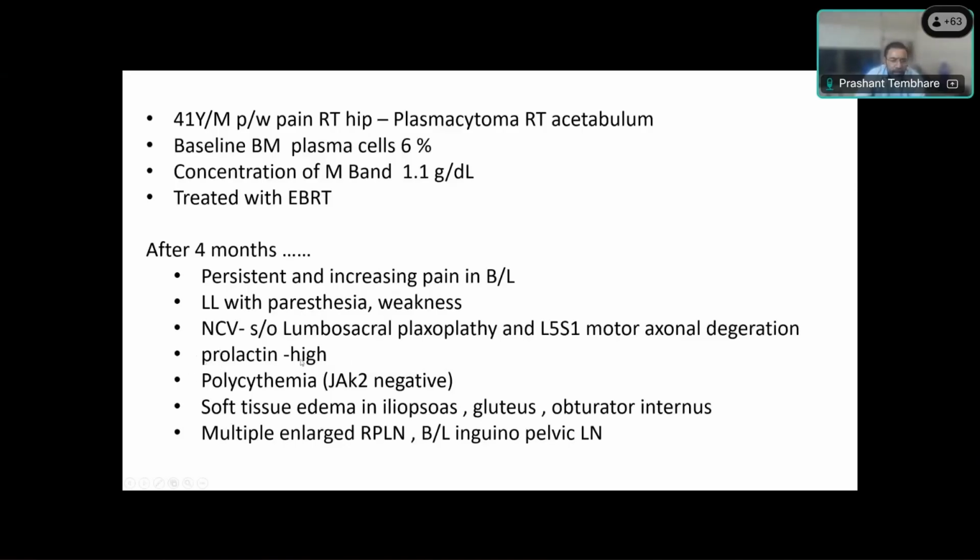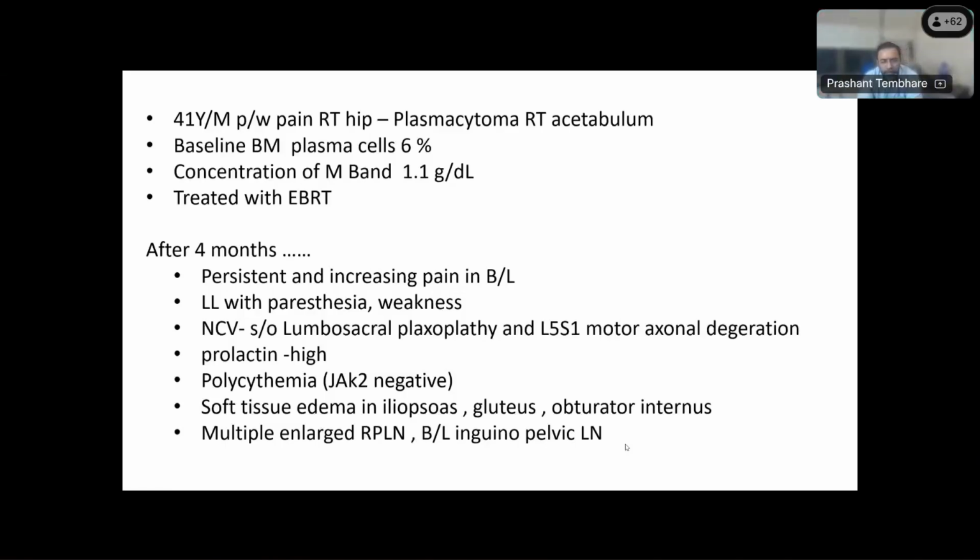The patient also developed polycythemia, with hemoglobin of 17 or 18. JAK2 mutation testing was negative. There was soft tissue edema in the gluteal and hip region, and multiple retroperitoneal and bilateral inguinal pelvic lymphadenopathy. So the patient had lymphadenopathy, polycythemia, neuropathy, lower limb neural problems, and soft tissue edema.